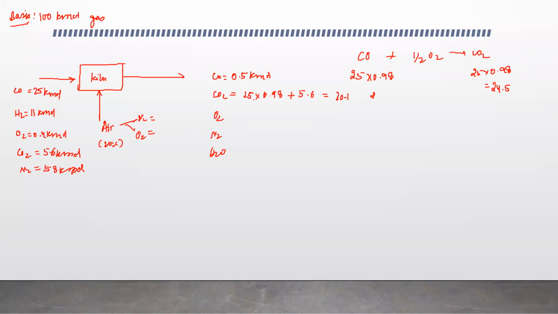Then once we have 30.1 kilomoles of carbon dioxide, then we are going to get oxygen and nitrogen over here. So we know that theoretical oxygen required from air is going to be oxygen that is theoretically required, that is 25 into 0.98 by 2, minus whatever oxygen is already present, that is 0.4.